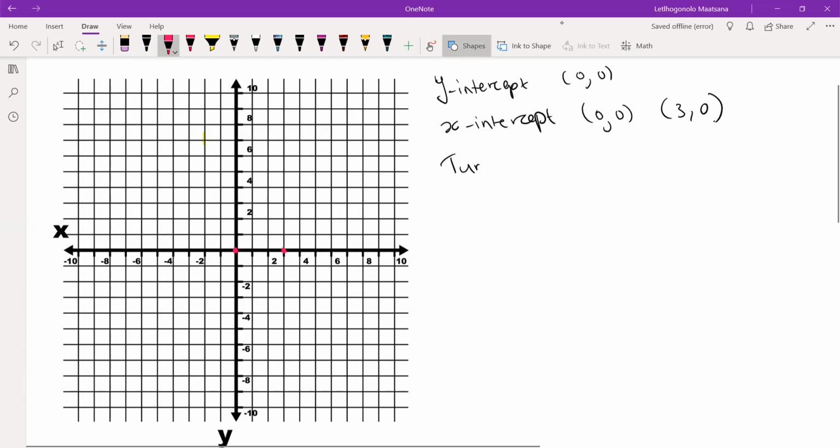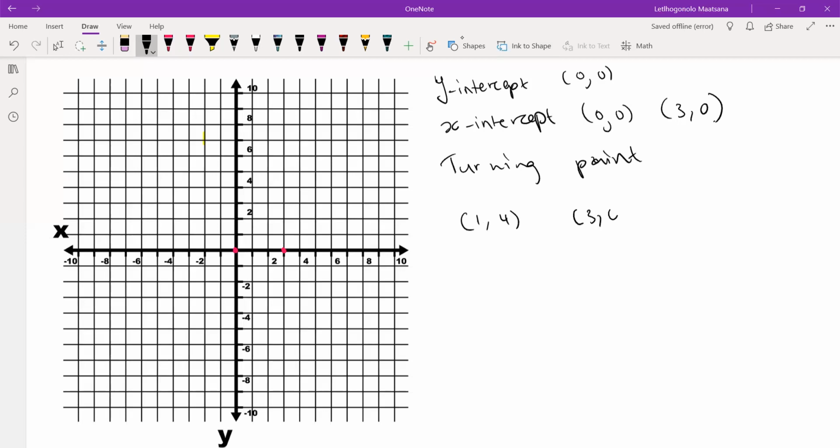Okay, then we have our turning points: (1, 4) and (3, 0). Let's mark those also. That one is already marked, and we have (1, 4) over here.